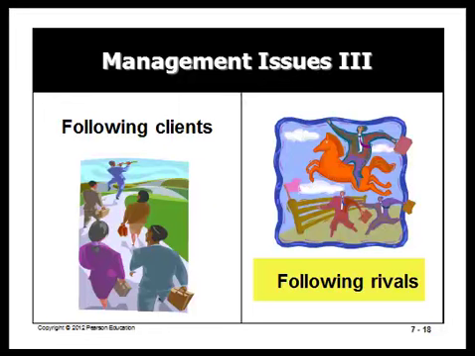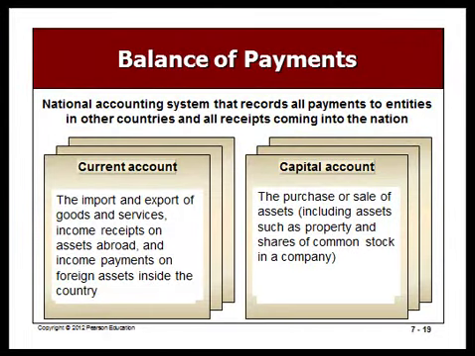Following rivals. FDI decisions resemble a follow the leader scenario in industries with a limited number of large firms. Many firms believe that not making a move parallel to that of the first mover might result in being shut out of a lucrative market. Government intervention in FDI.